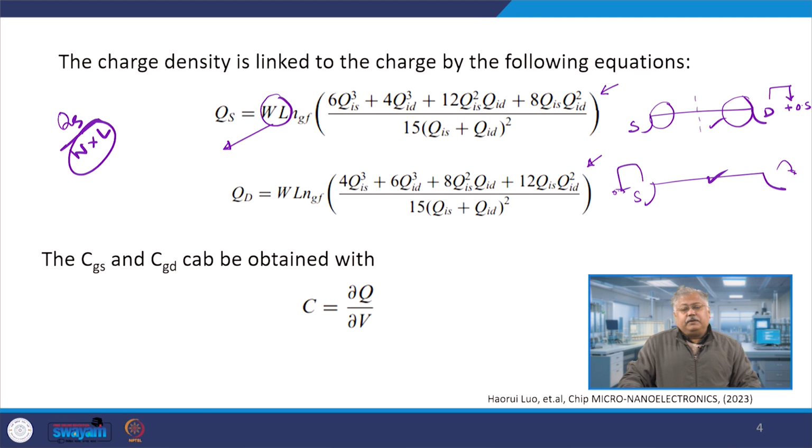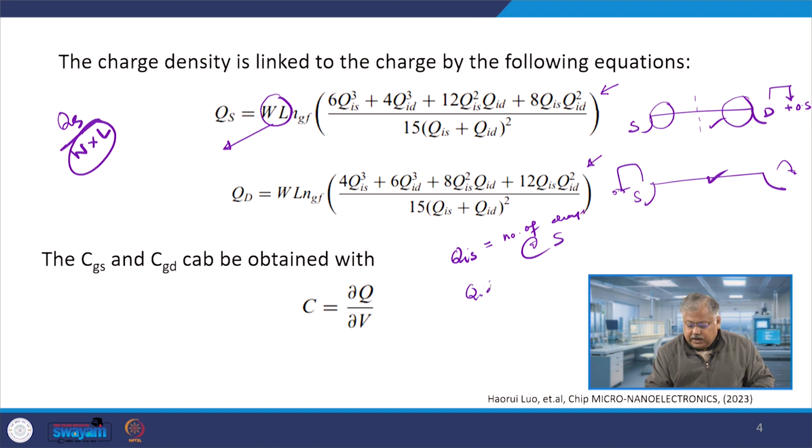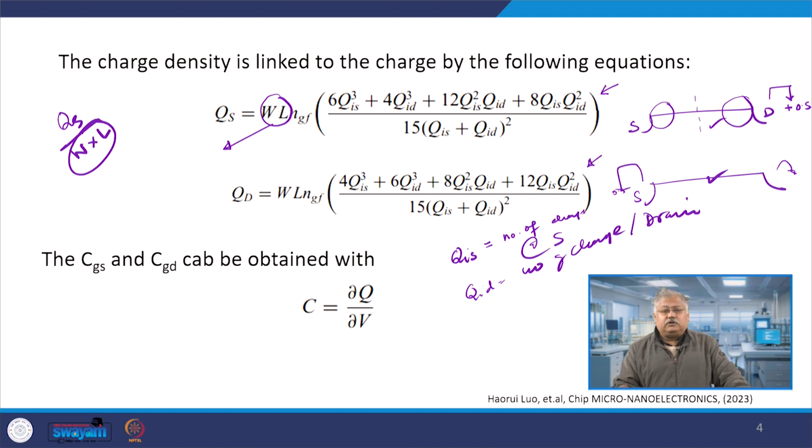As a result, what happens is that I assume that QIS and QID are not equal, obviously. QIS is the number of charges per unit area on the source side, and QID is the number of charges per unit area on the drain side, and since they are not equal, because the depletion region thicknesses are not equal when you apply a bias, you all know that.